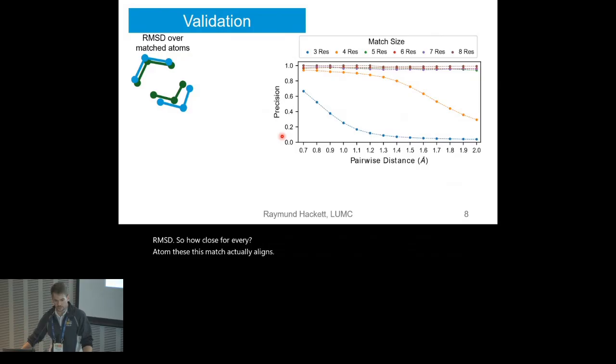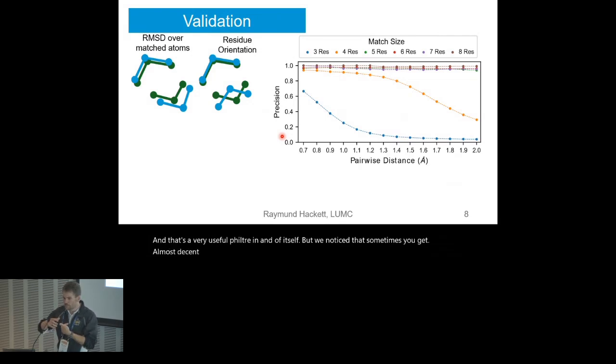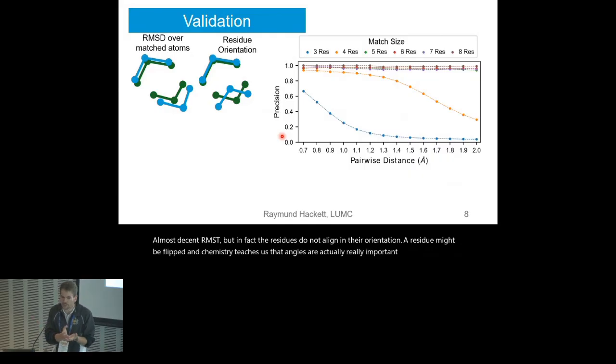And that's a very useful filter in and of itself. But we noticed that sometimes you get almost decent RMSD, but in fact, the residues do not align in their orientation. A residue might be flipped. And chemistry teaches us that angles are actually really important because orbital angles must align in order to make reactions happen.